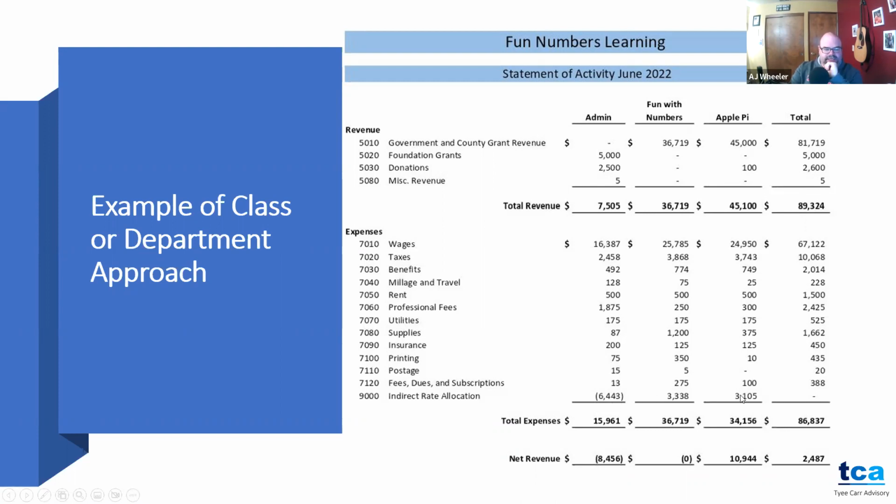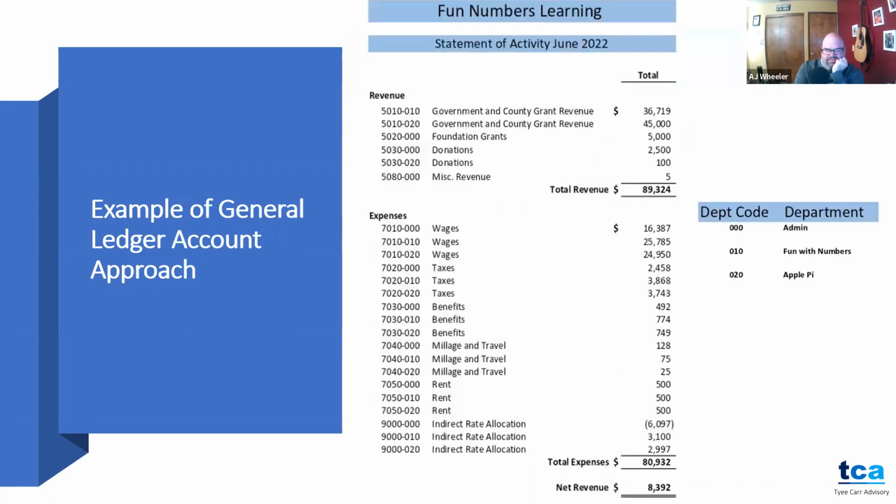You also notice the administrative indirect rate here. This is the 10% we talked about earlier. It takes more time to suss this out if you're using the general ledger account, where you have the leading department codes here.